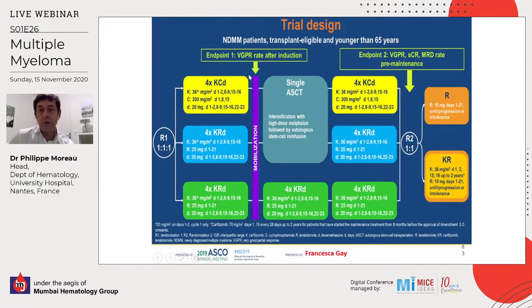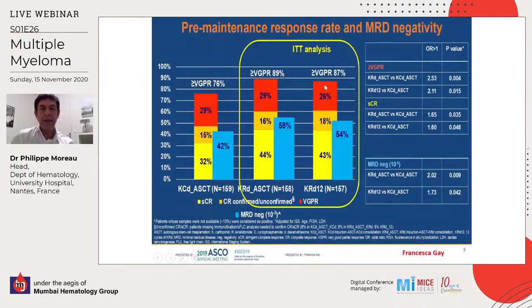One of the first attempts to look at sustained MRD negativity comes from the Italian group in the Forte study, reported by Francesca Gay from Torino. In fact, they looked at KRD with or without stem cell transplantation in the study. And they were able to demonstrate that the MRD negativity rates were very high when patients were treated with KRD alone, 12 cycles, or KRD plus stem cell transplantation.